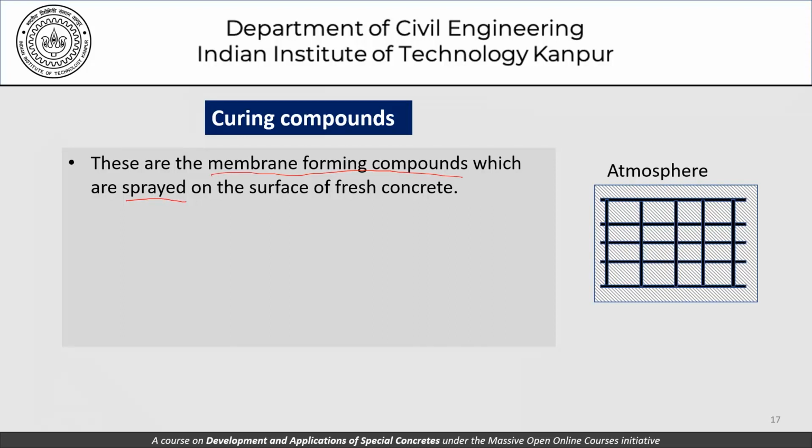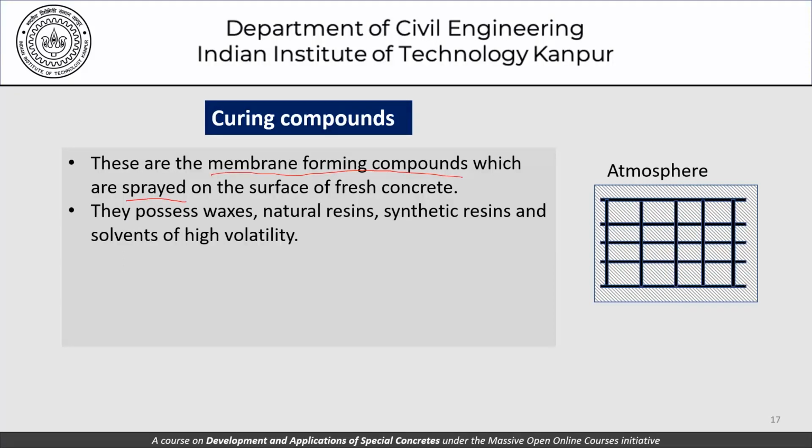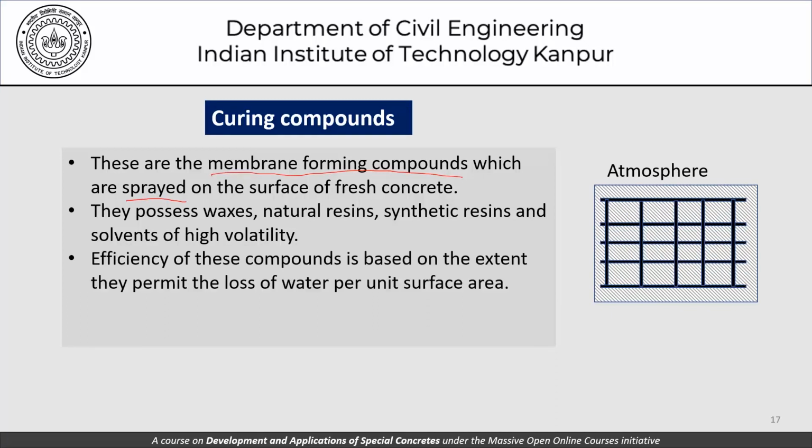What these compounds do is to really block the surface holes of concrete and prevent any water from the concrete to escape into the atmosphere through those holes. Now, these curing compounds possess waxes, natural resins, synthetic resins, and solvents of high volatility. And the efficiency of these compounds is based on the extent they permit the loss of water per unit surface area.